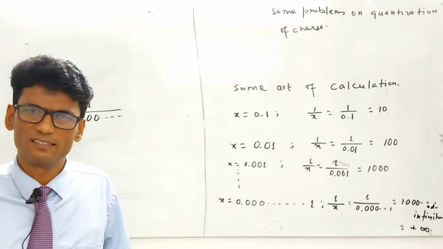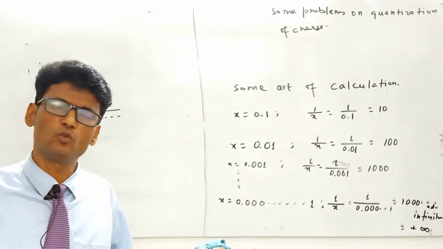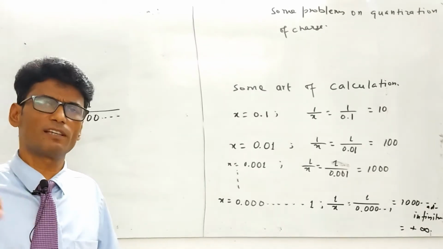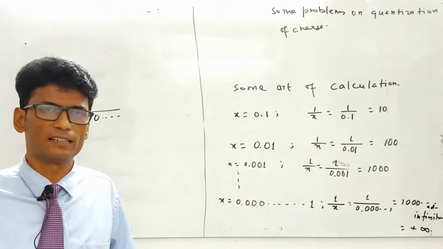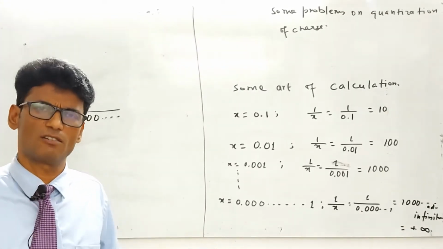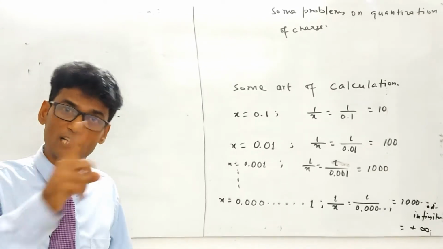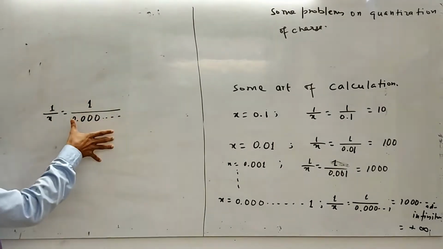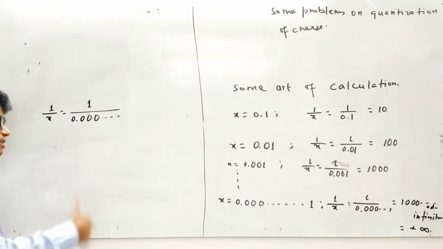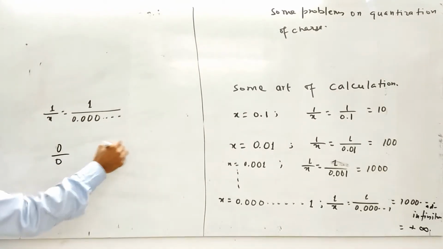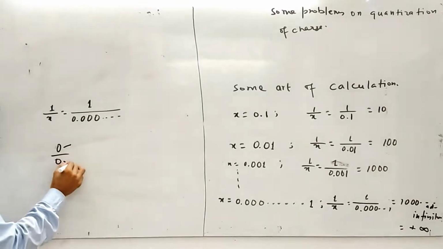It means it is not defined because it does not give any value. That is what I am telling you. So 1 by 0, or any defined quantity by 0, even 0 by 0, is not defined. We cannot cancel and give an answer. Here it is allowed, here it is not allowed.